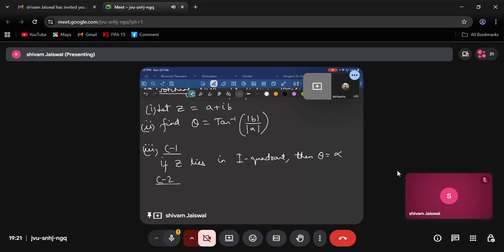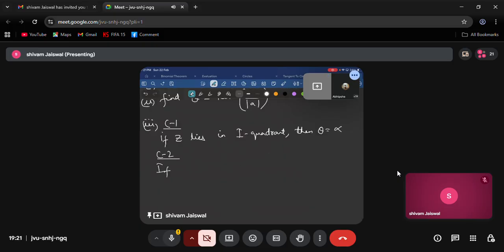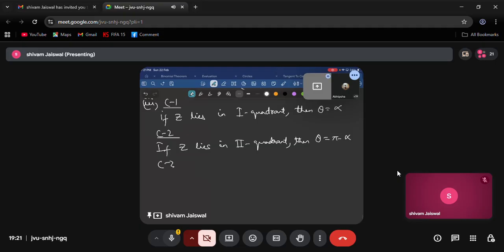Case 2: if Z lies in the second quadrant, then theta is equal to pi minus alpha. Case 3: if Z lies in the third quadrant, you will see that a is less than 0, b is less than 0, and theta is equal to minus pi plus alpha.